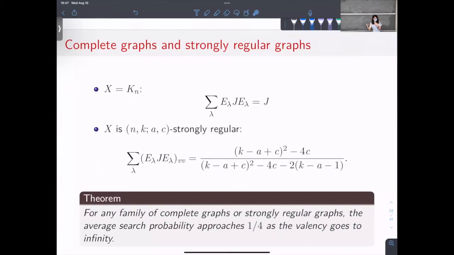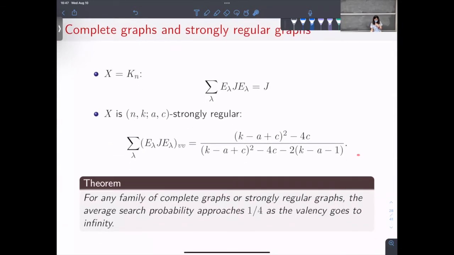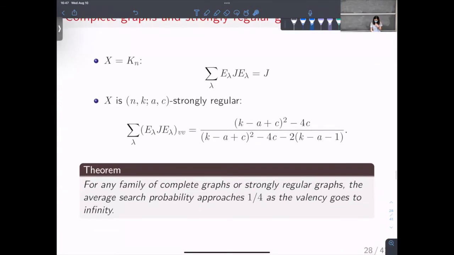It doesn't even involve the variable. And if X is strongly regular, then you have some parameters to play with. But again, it simplifies to something like this. And so when k increases, this term will go to 1. So in summary, for any family of Kn or strongly regular graphs, the average search probability approaches something greater than 1 over 4 as the valency goes to infinity.